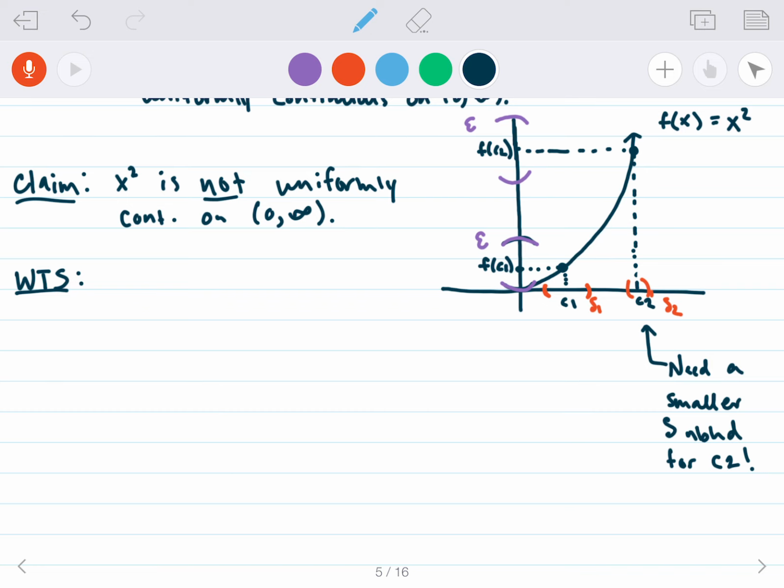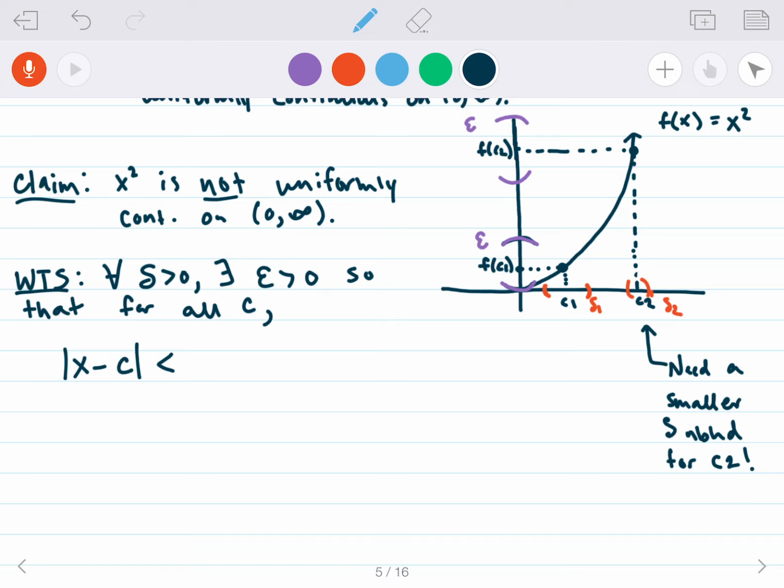If we negate the definition of uniform continuity, what does that mean? Well, that means that for all delta neighborhoods, there is some epsilon so that for every c, so for all points in my domain, |x minus c| less than delta is going to imply that the distance is not less than epsilon, right?